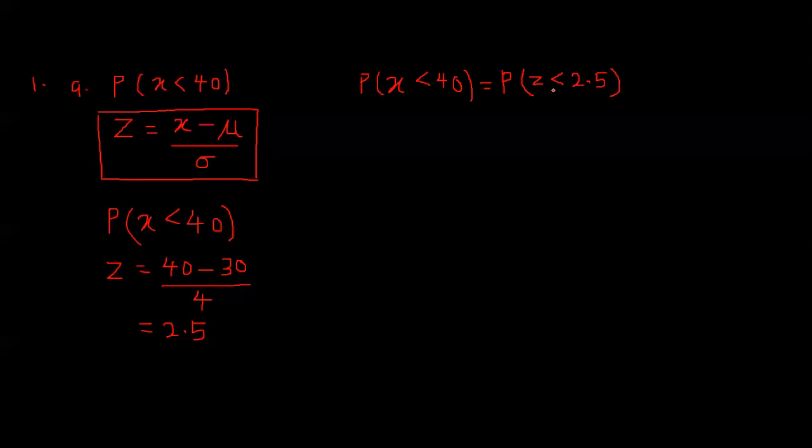Okay, so how to get the z value that is less than 2.5? If you draw the graph, for example, here, 2.5 maybe around here.